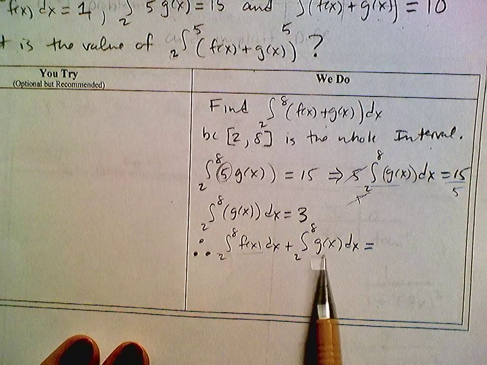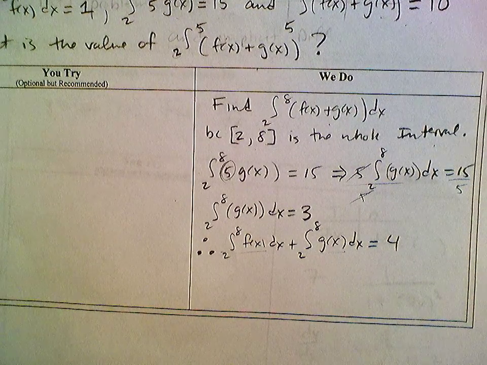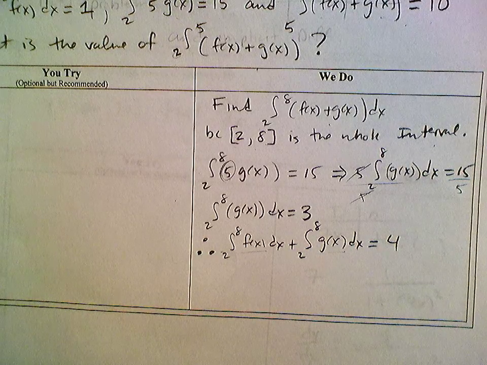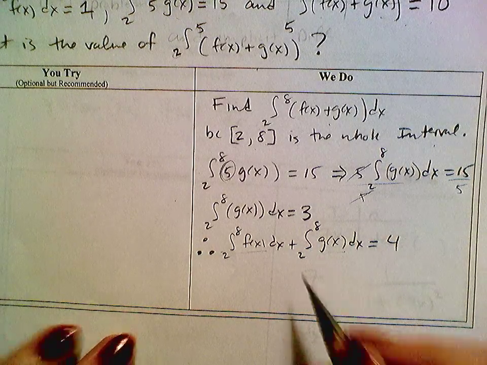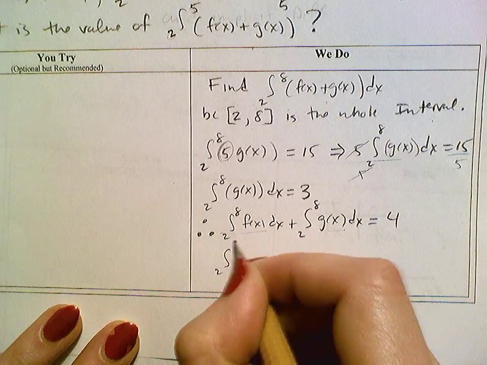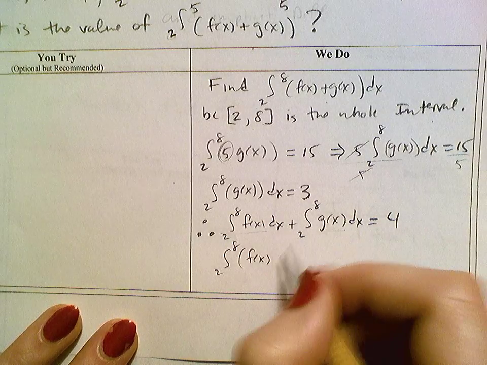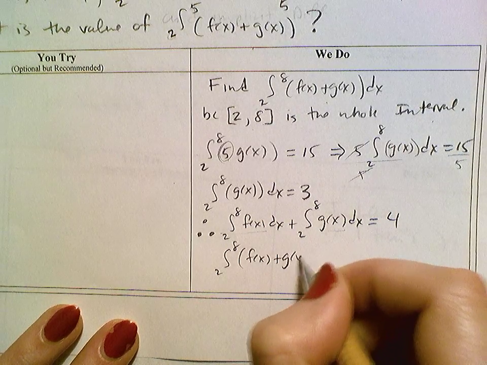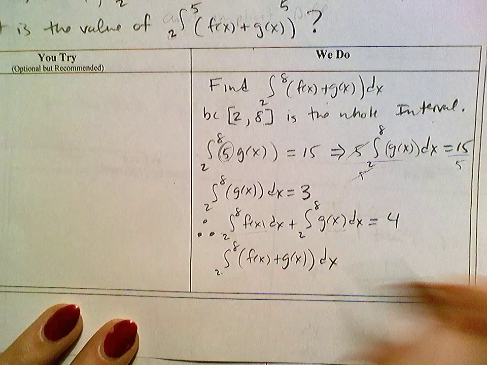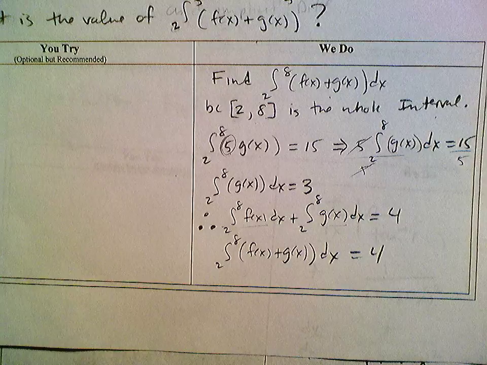Okay, this is 1, that's 3, so that's 4. But guys, the way you do this, this is called the additivity. Maybe it's called that, I forget what it's called, but you can go like this. So that's equal to 4.